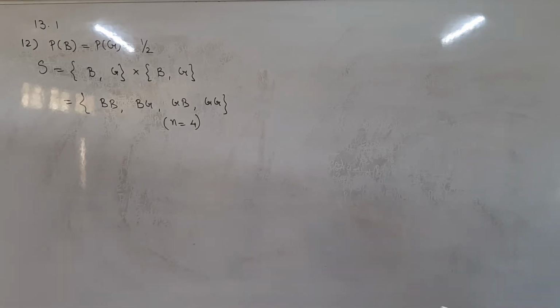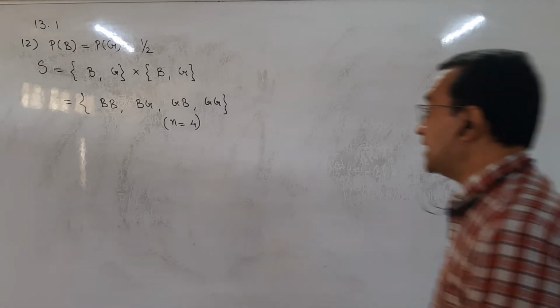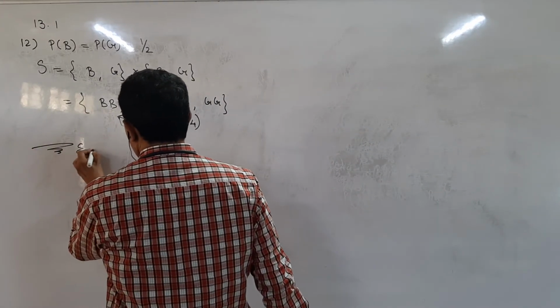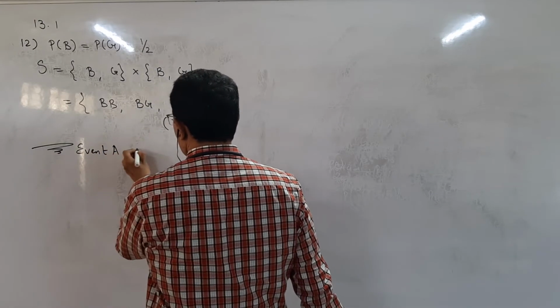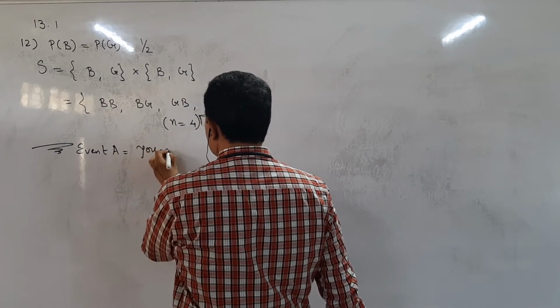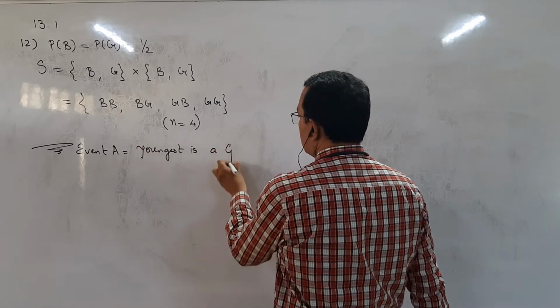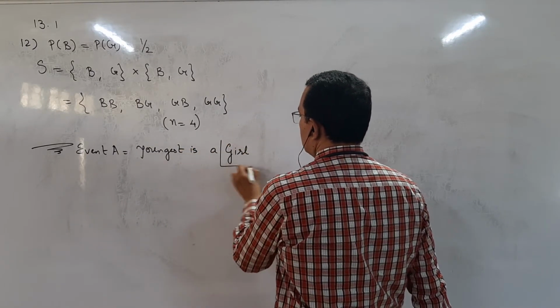What is the conditional probability that both are girls given that youngest is a girl? Given that. So I highlighted event A. Youngest is a girl.